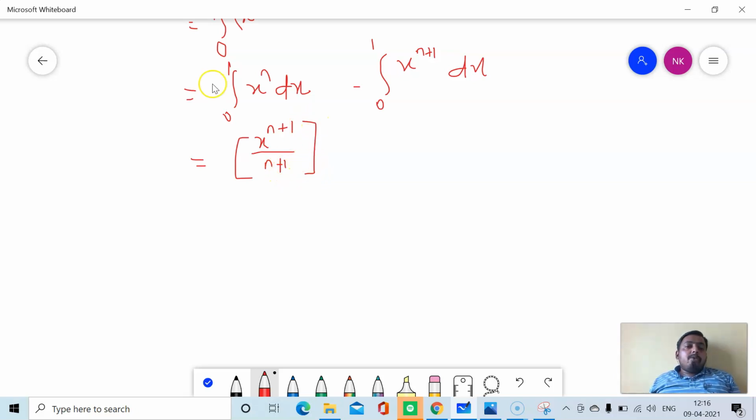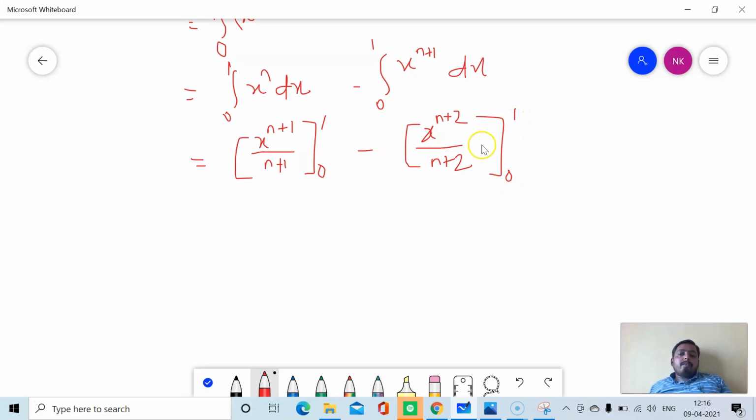This is the value of integration of x to the power n from 0 to 1, minus this integration from 0 to 1, x to the power n plus 1. Just value will remain same. Instead of n plus 1, we will add n plus 1 plus 1, that is 2, divided by n plus 2 from 0 to 1. So now substituting, instead of x we substitute 1.